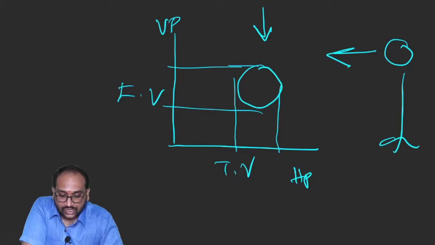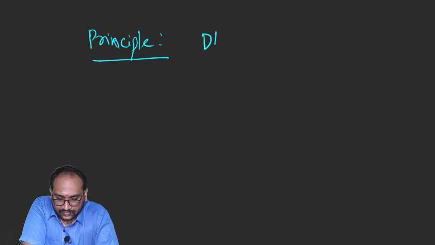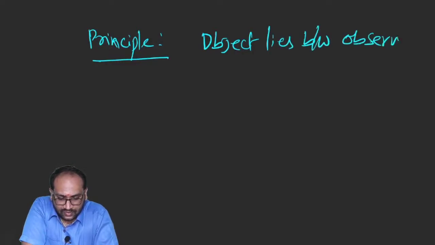So some important points in first angle projection are, first one is principle. Object lies between observer and plane of projection.